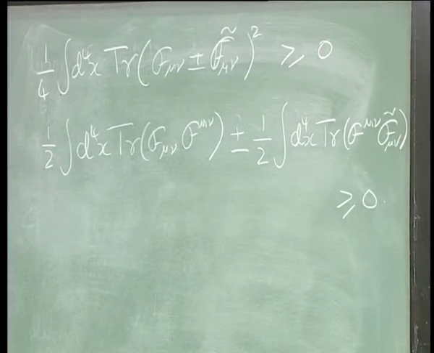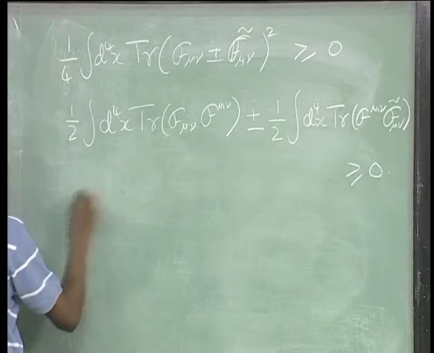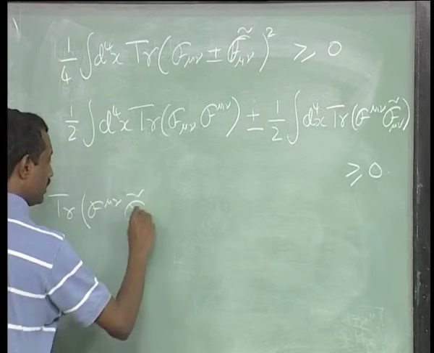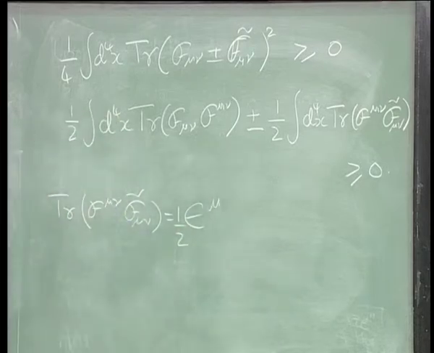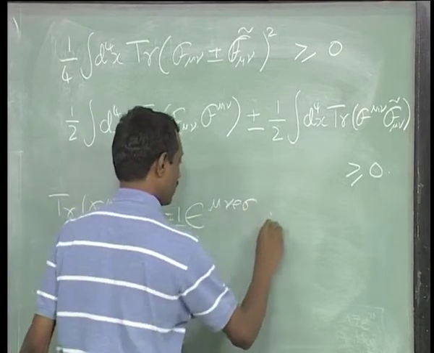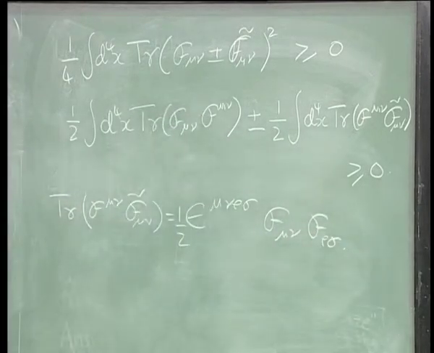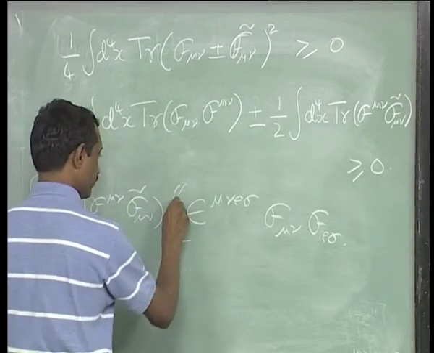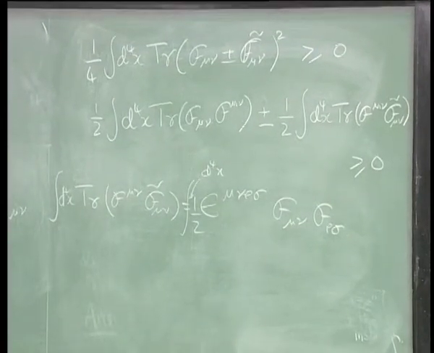And let us look at this quantity. This is exactly the winding number guy, because what is this? Let us work that out. Trace f mu nu f tilde mu nu is equal to, there is a half in the definition, epsilon mu nu rho sigma, and so the integral of this d4x is equal to, and what is this equal to?